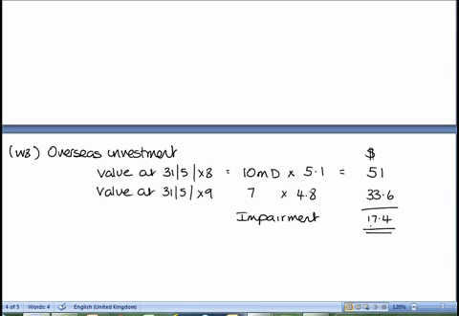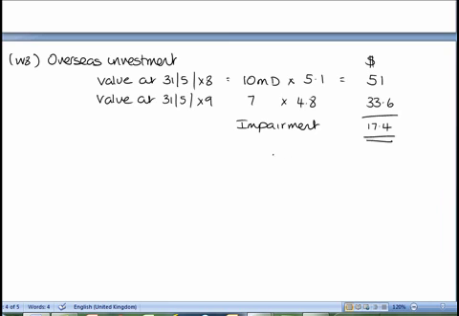That comes from note E. The fair value in X8 is 10 million dinars. So the original cost was 11 million, but there was an impairment in X8 which took the value down to 10 million. There's been a further impairment in X9 which has taken the value down to 7 million. So we've got an impairment of 17.4.